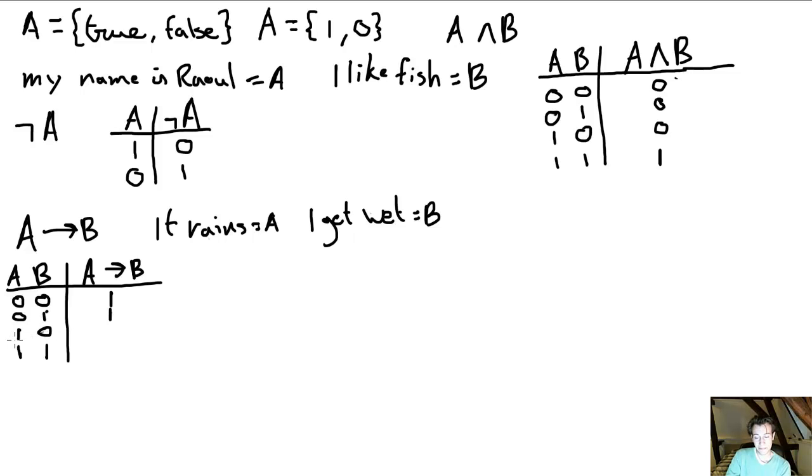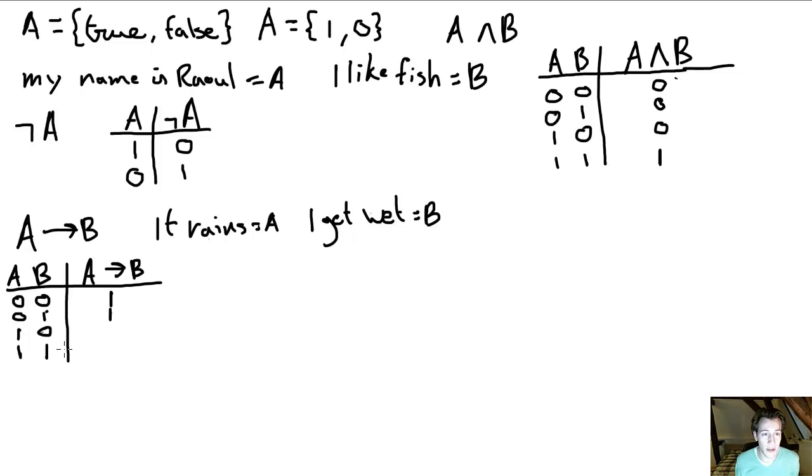And now we get something else. It rains, but I'm not getting wet over here because B is false. Well, the if-then relationship states that if A is true and B is false, then the whole statement is false, because A says something about B. If it rains, I always need to get wet, according to this statement.